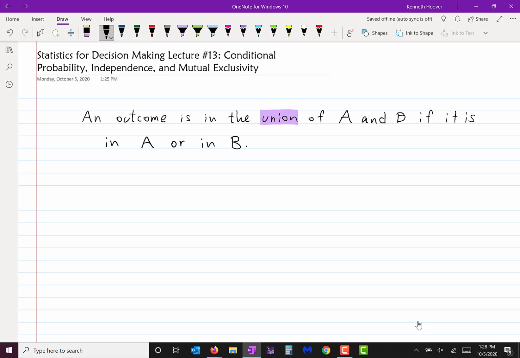And the symbol for union of A and B is this.